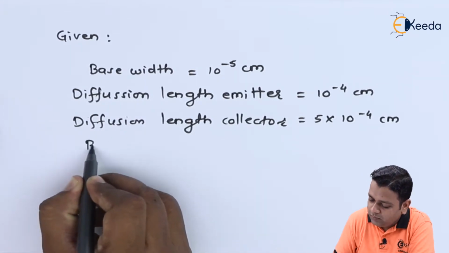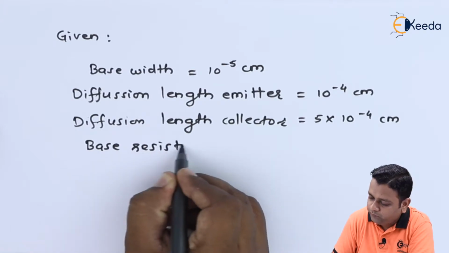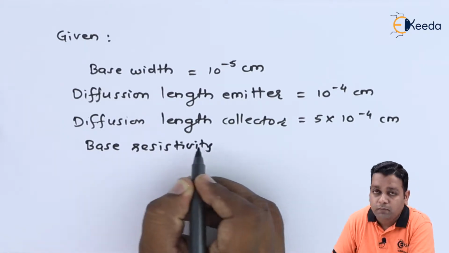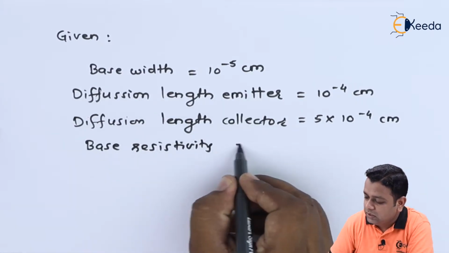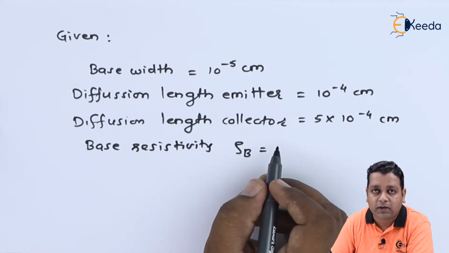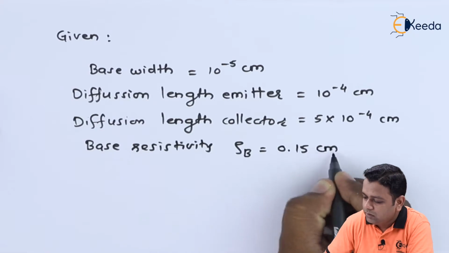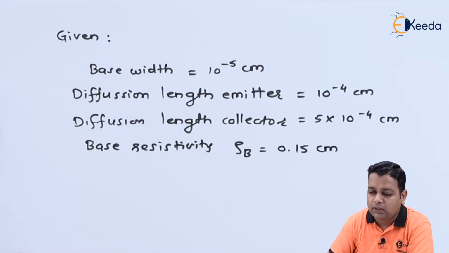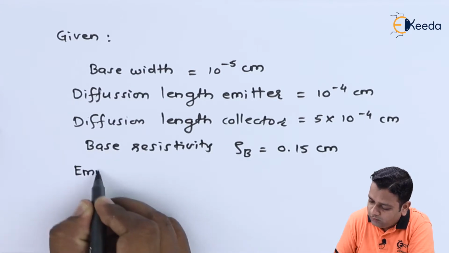So very first of all, we have the base resistivity mentioned in ohm centimeter. So this is represented as rho suffix b, and the value provided to us is 0.15 ohm centimeter. Similarly, the next parameter is for resistivity of emitter region.